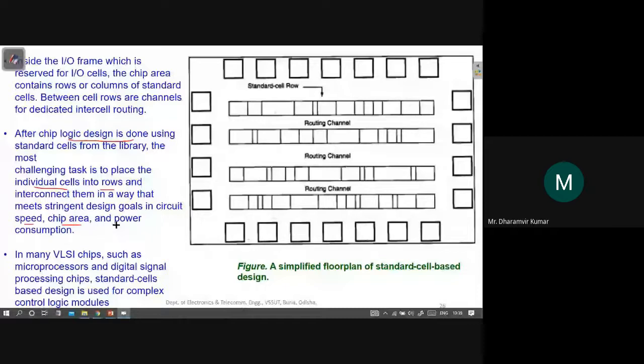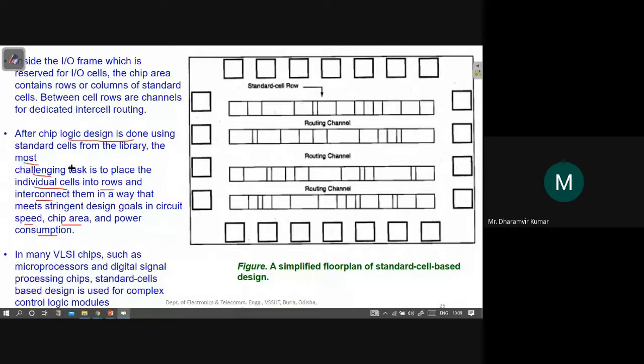Okay, so we pick up the individual cells from the library and then we place them in rows and then we connect them with the help of wires or interconnects.